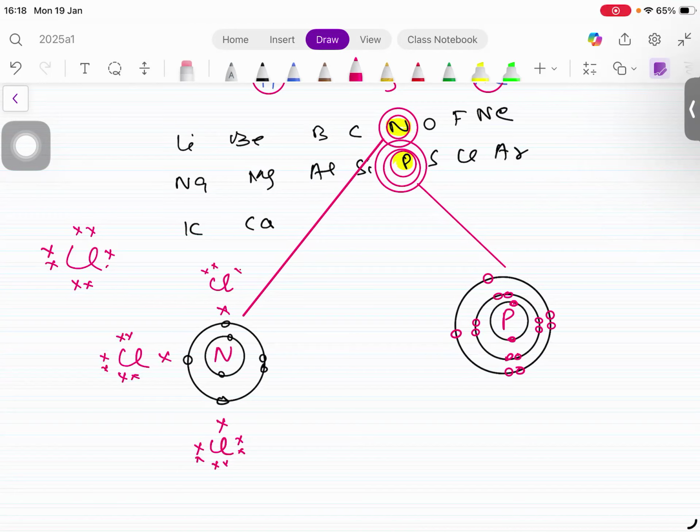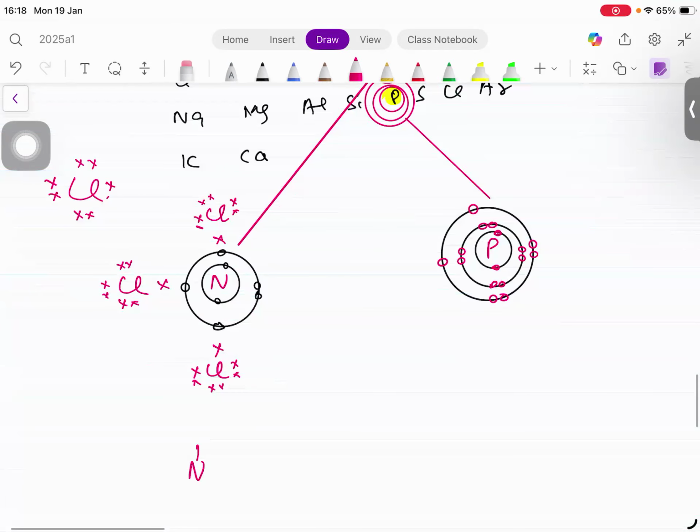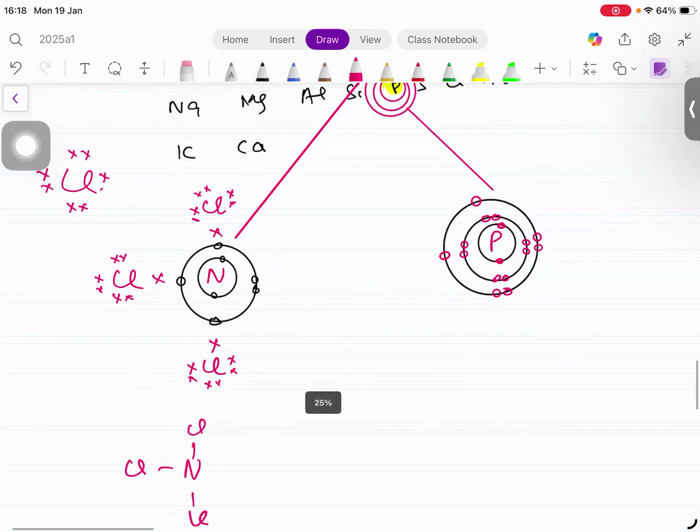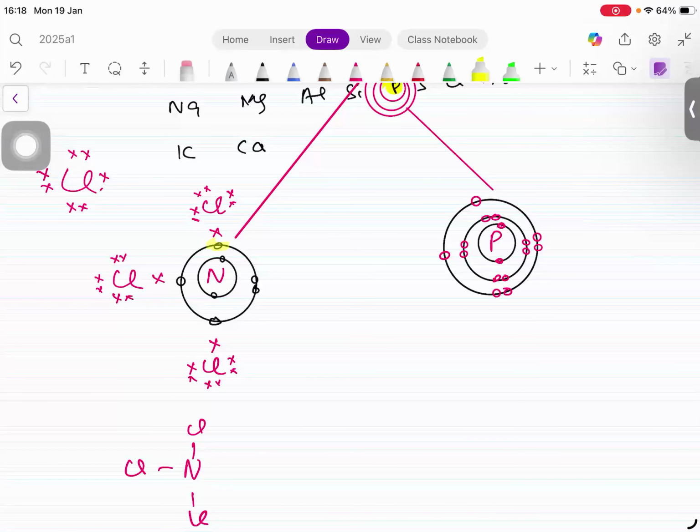NCl3. Is the nitrogen's octet completed? This is NCl3. How many electrons does nitrogen have now in the valence shell? Its octet is complete now.